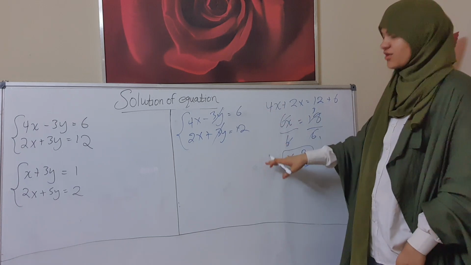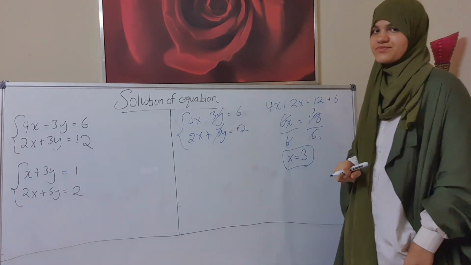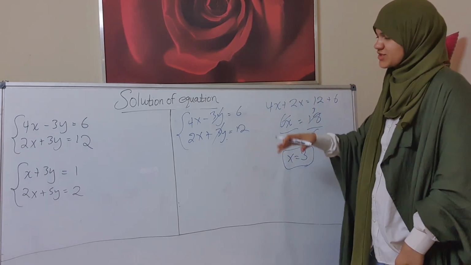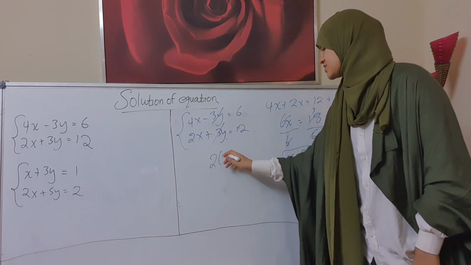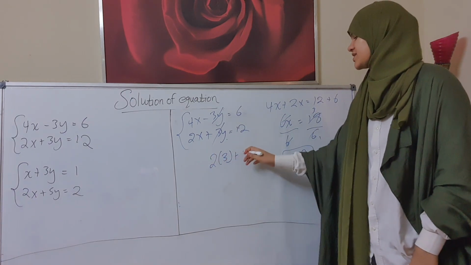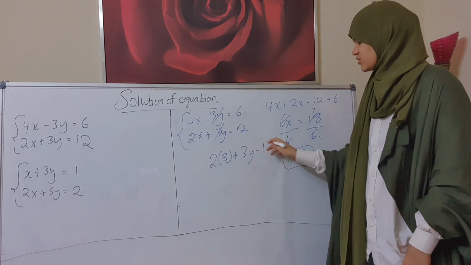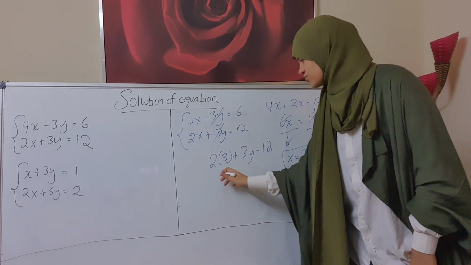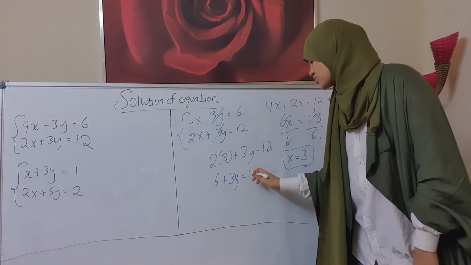Okay, after we find the value of x, we will find the value of y. Now in place of x we'll put 3. That means 2 times 3 plus 3y is equal to 12, right? Then 2 times 3 is equal to 6 plus 3y is equal to 12.